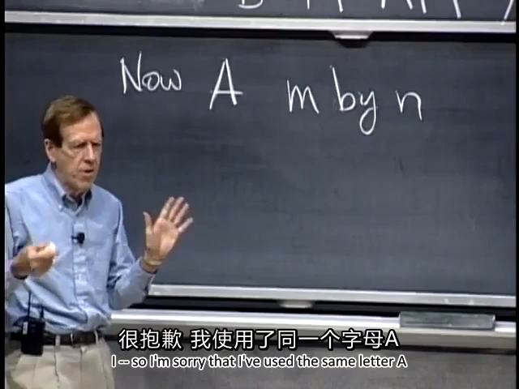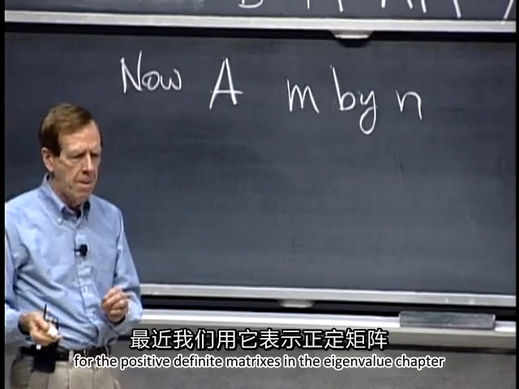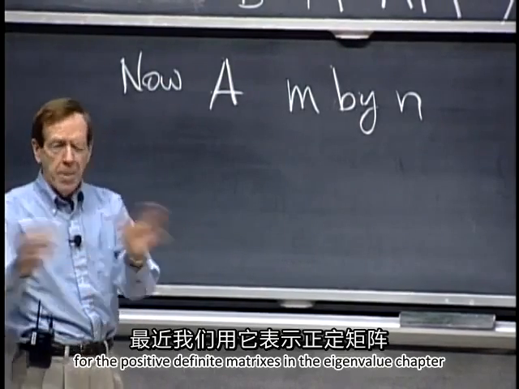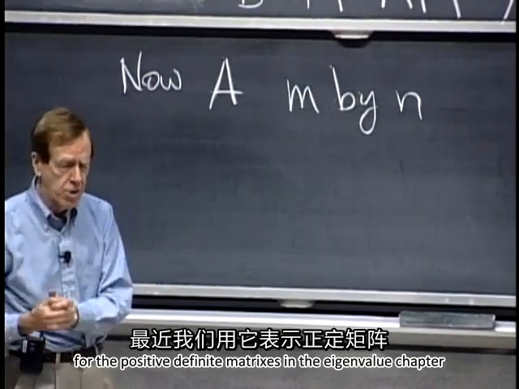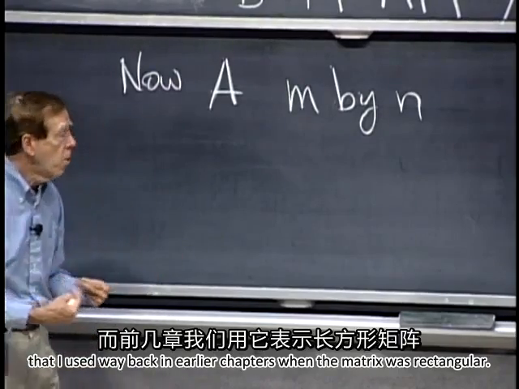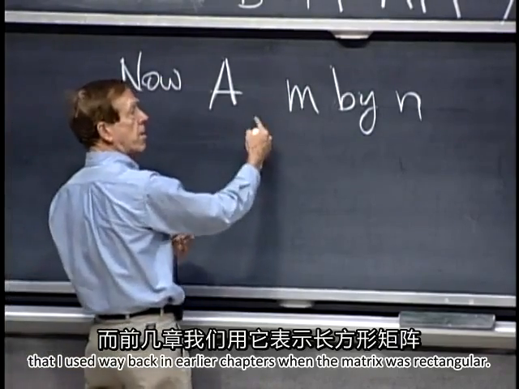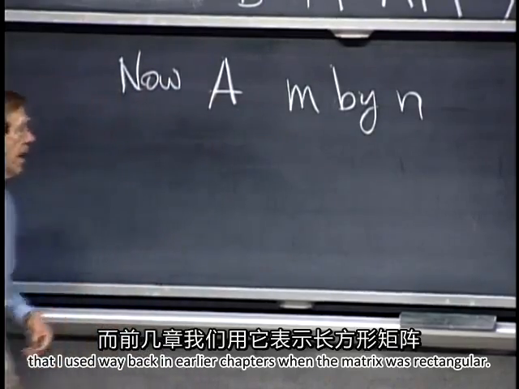I'm sorry that I've used the same letter A for the positive definite matrices and the eigenvalue chapter that I used way back in earlier chapters when the matrix was rectangular.